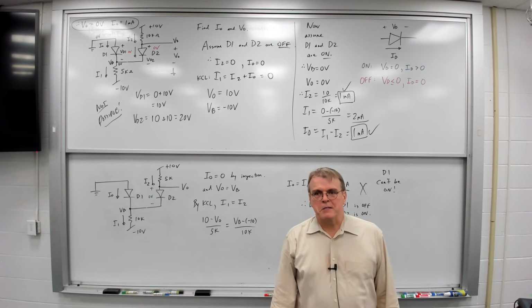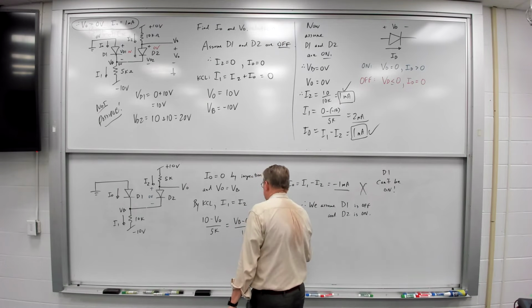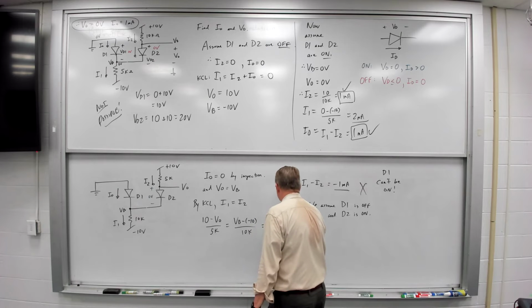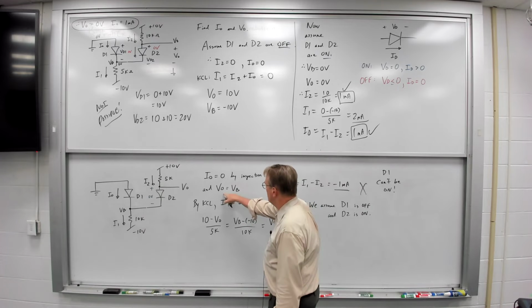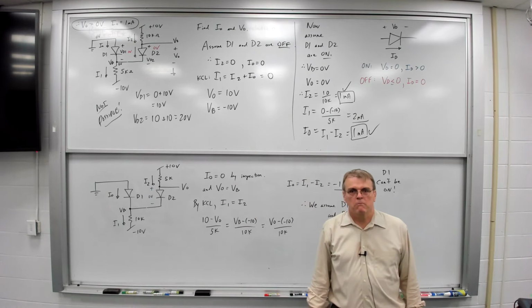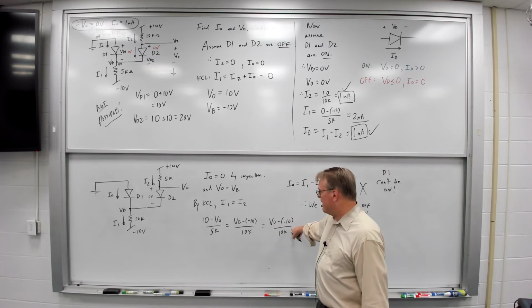Nothing but nodal analysis. Which is also the same thing as saying V0 minus negative 10 divided by 10K, since VO and VB are the same voltage. So I've got this is equal to that.